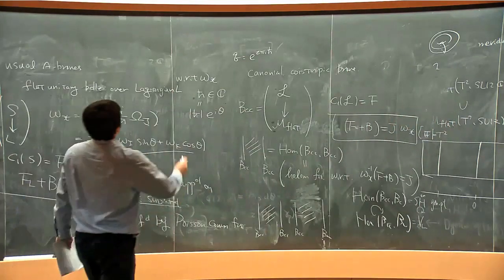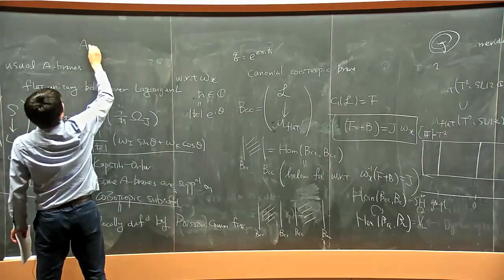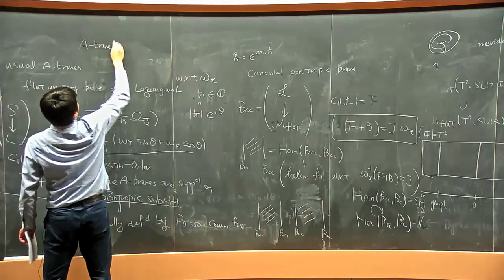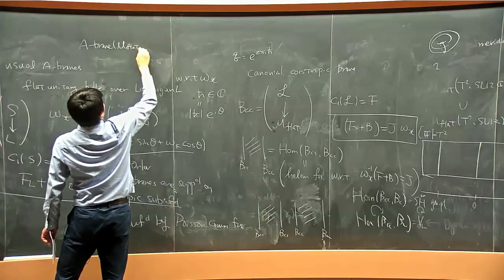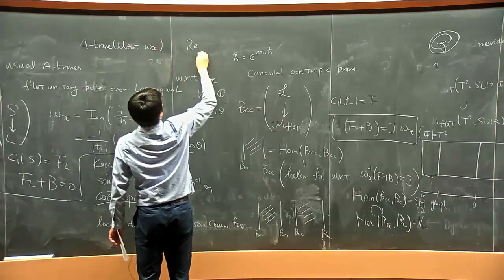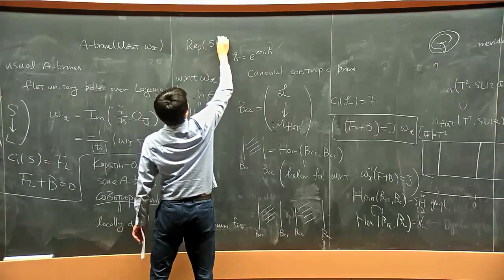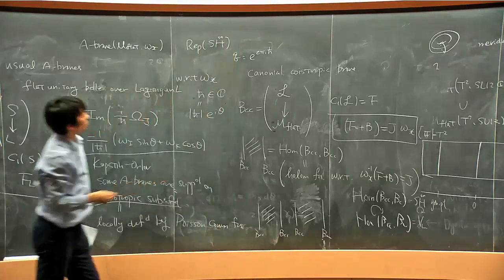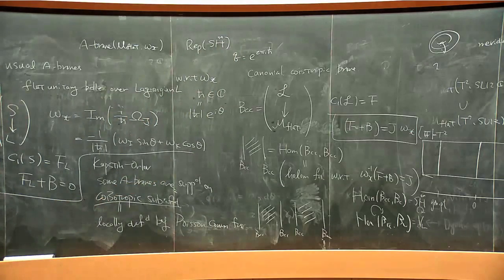This picture will give you the first conjecture. You have a brane of flat connections with omega X, and the representation category of spherical DAHA of rank 1.